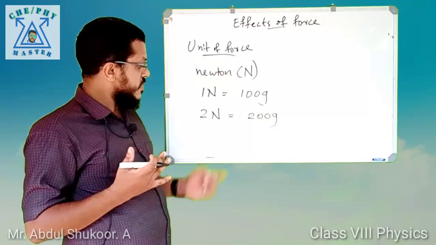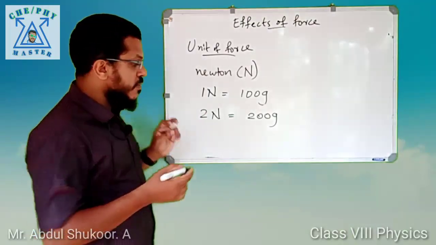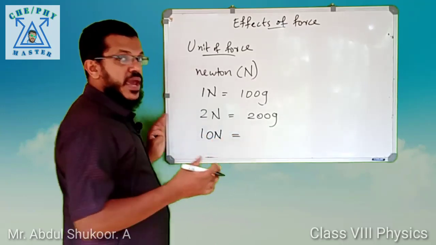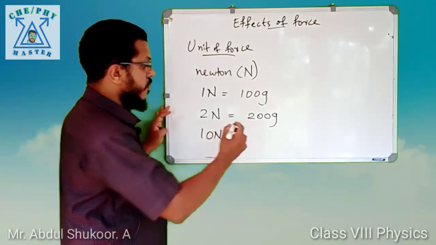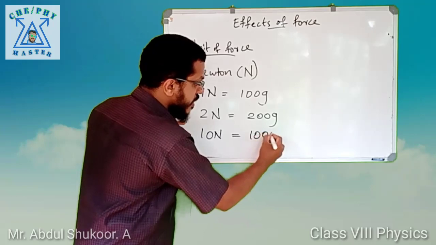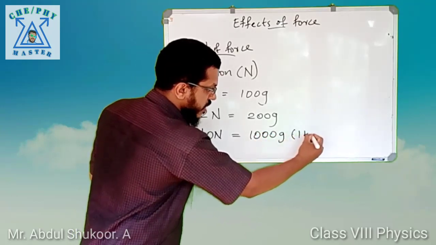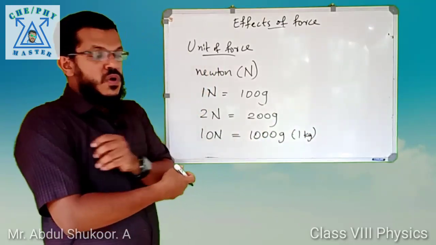Then what about 10 Newton? 10 Newton means the approximate weight experienced for 1000 grams, that is 1 kilogram, isn't it? Approximately that is equal to 1 kilogram.